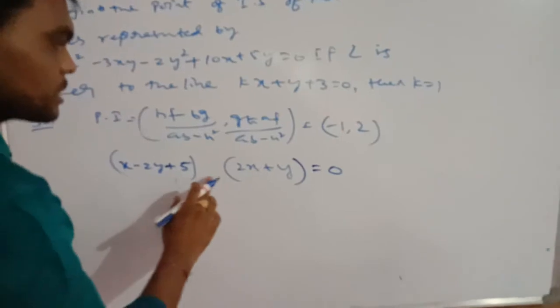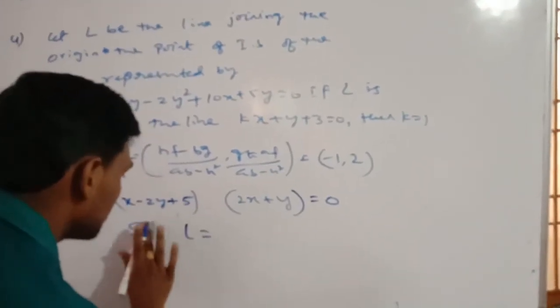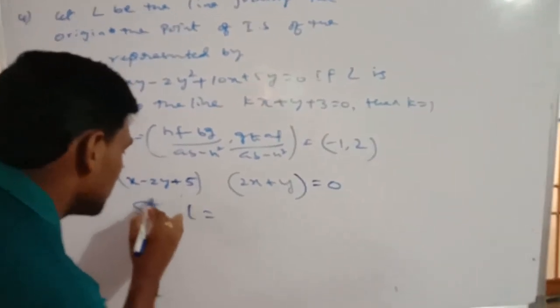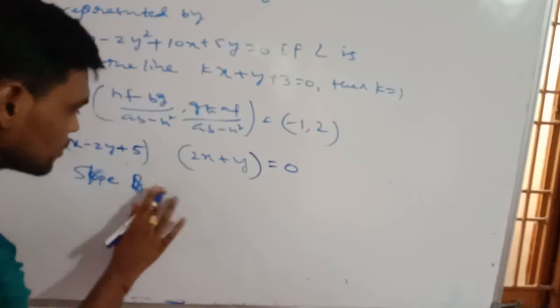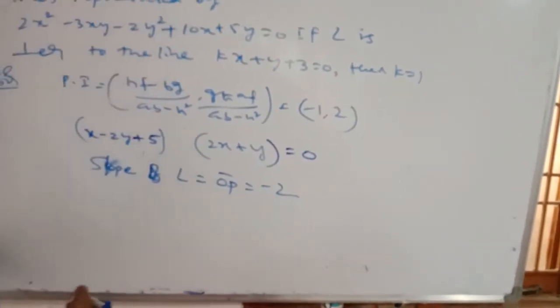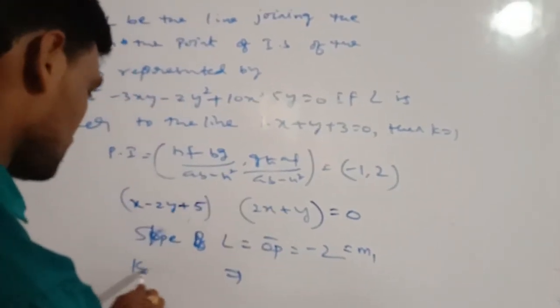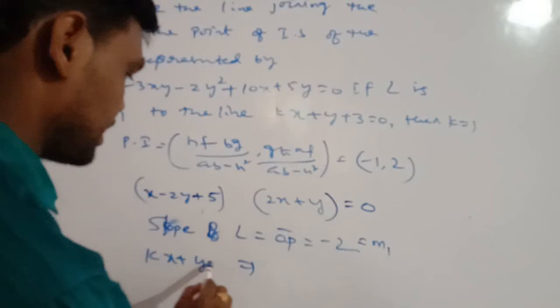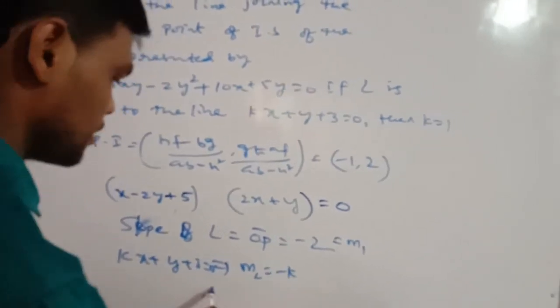Okay. Now the slope of line L is equal to OP, that means minus 2. This is m1, and the other line kx plus y plus 3 is equal to 0 has slope equal to minus k.